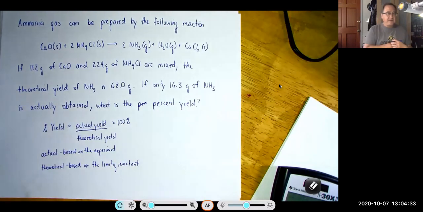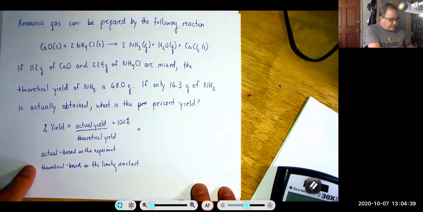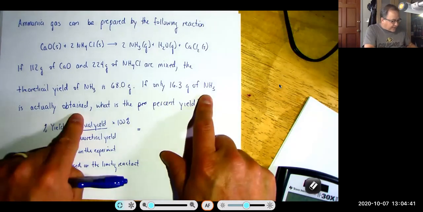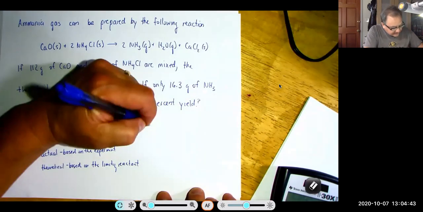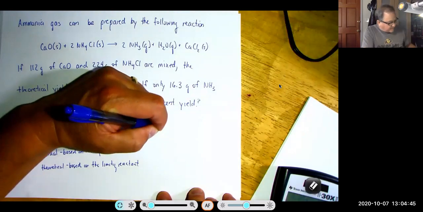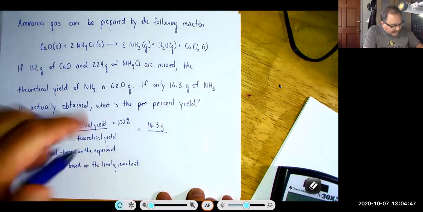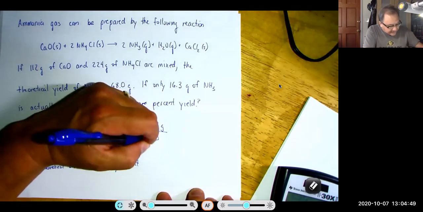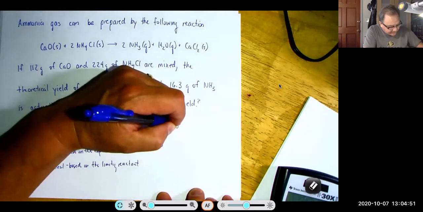Okay? So you need to know all of those terms. In this case, they say is actually obtained, so that's the actual yield. The theoretical yield is 68 based on the limiting reactant, and then times 100%.